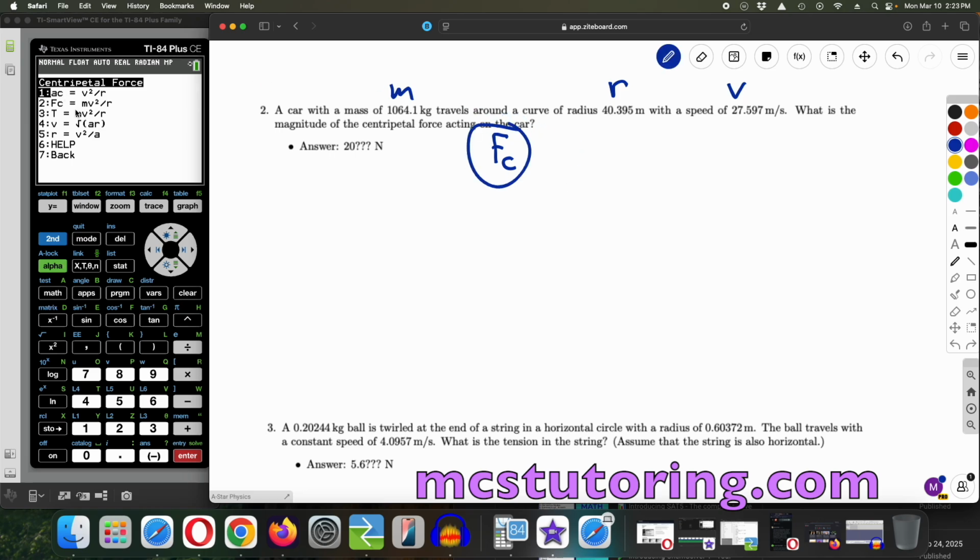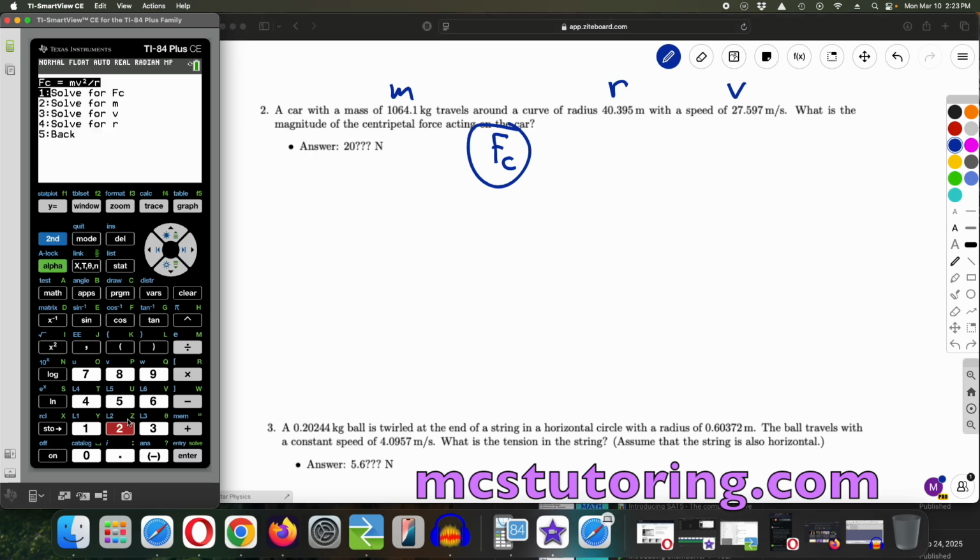So we're looking for F sub c, and it looks like we've got our second equation. That's beautiful. We want to solve for F sub c. So what is the mass? 1064.1. And I would recommend you be careful about entering the units. I'm known to not enter units correctly, so it's more a note to self.